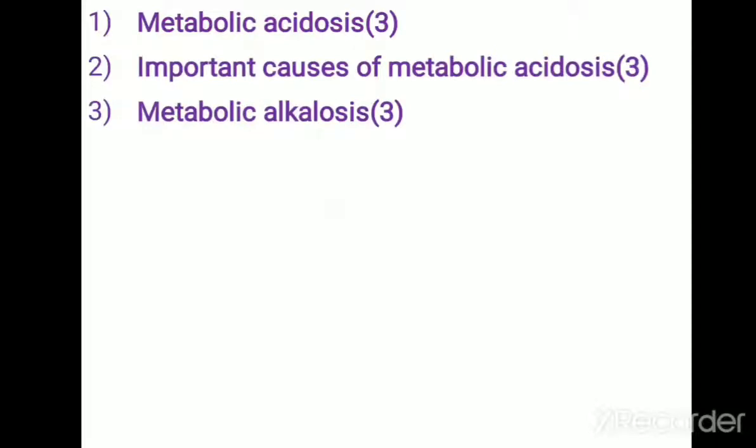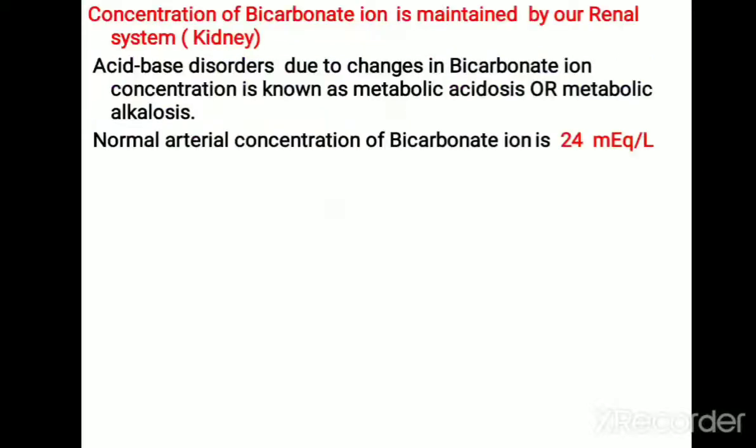And the next question is regarding metabolic acidosis. What are the causes for metabolic acidosis, and what is metabolic alkalosis? So in this type of question, just write that the concentration of bicarbonate also determines the pH of the arterial blood, and the bicarbonate concentration is mainly regulated by the renal system, that is the kidney.